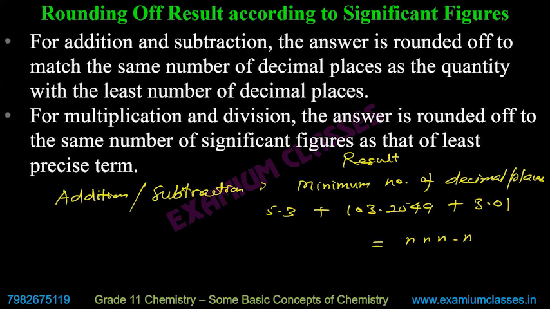It will have only one digit after the decimal, because whichever of these 3 or 4 numbers you are adding, the one which has the minimum number of decimal places will decide that the result has the same number of decimal places. Is that clear? Yes, sir, I got it. So the minimum number of decimal places is 1. The result will have decimal place only 1, so you will round off the result. For multiplication and division, it is the minimum number of significant figures.